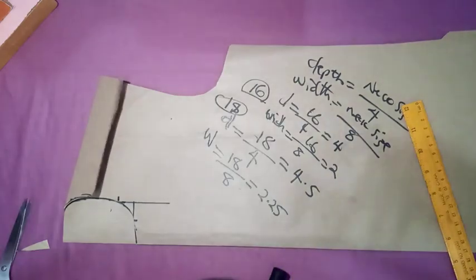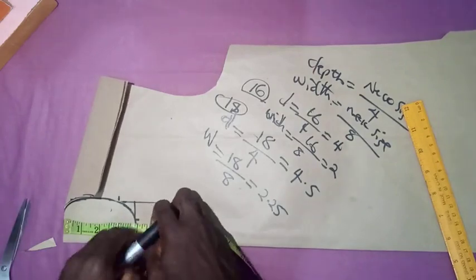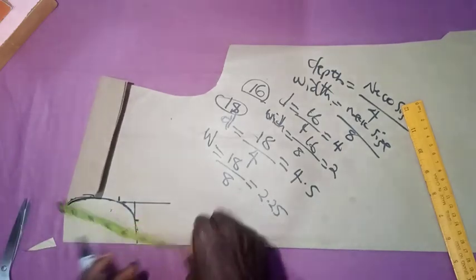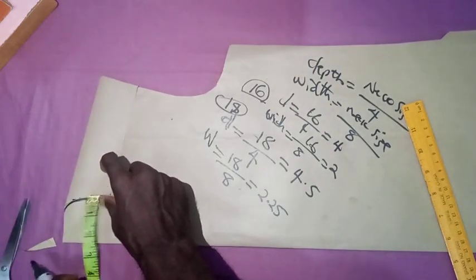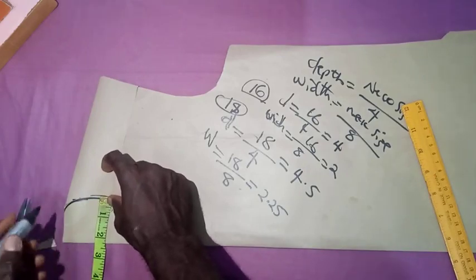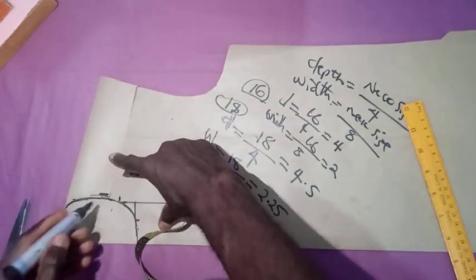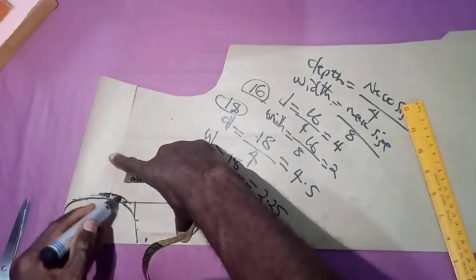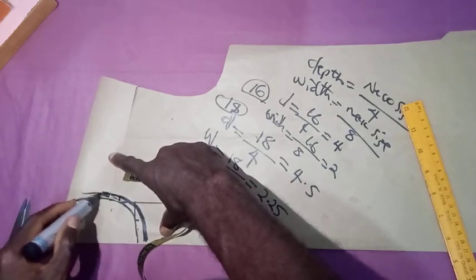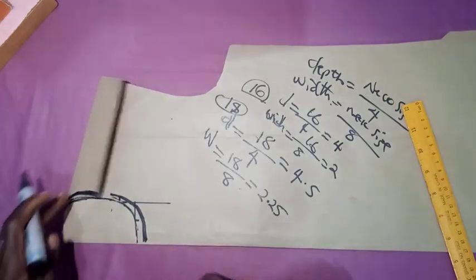So it means if the neck was 18, we would have been using 4.5 here by a wideness of 2 1/4, which is this. So this would have been our neck. This would have been the size of our neck if we were using 18.